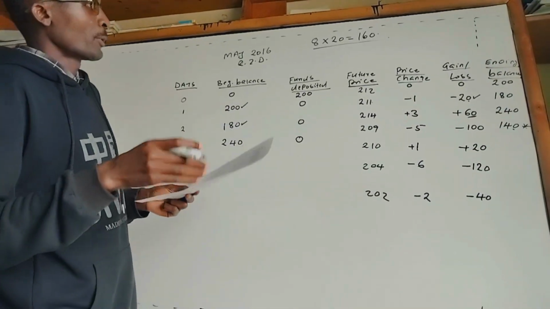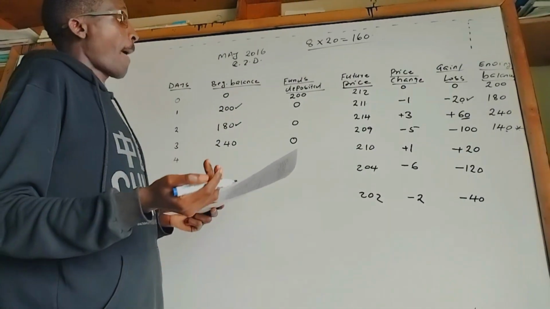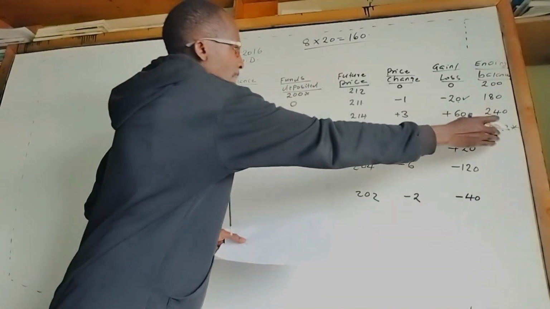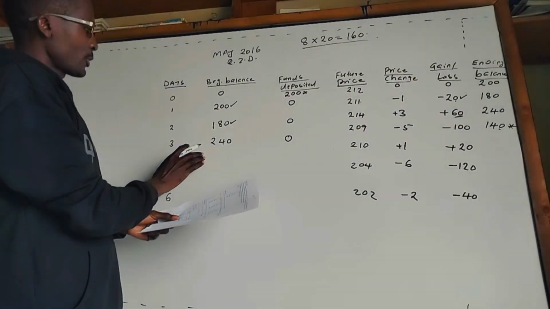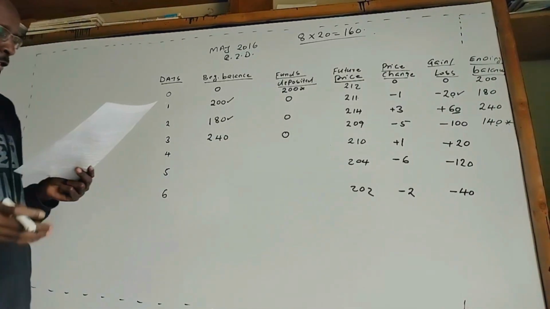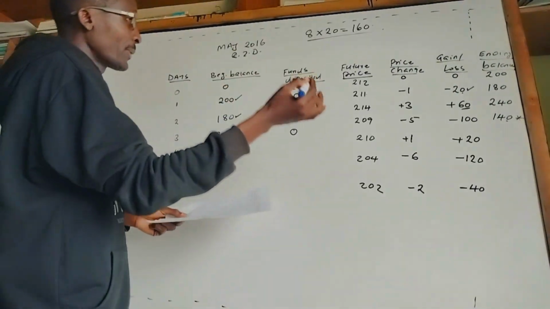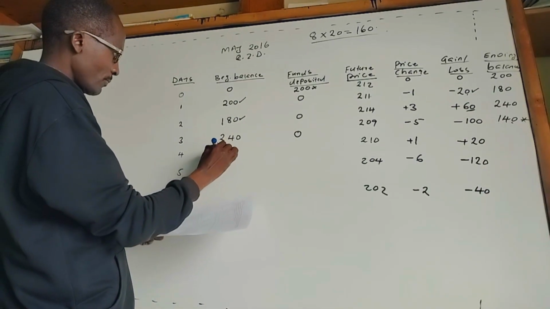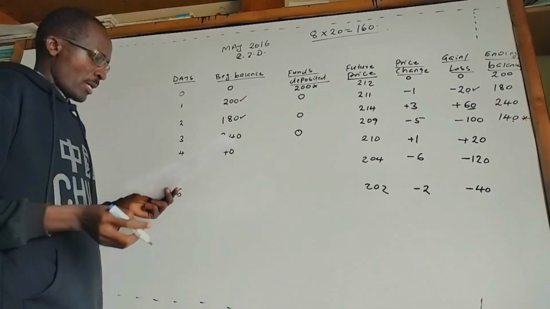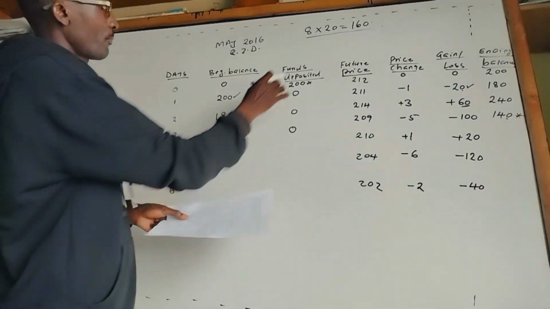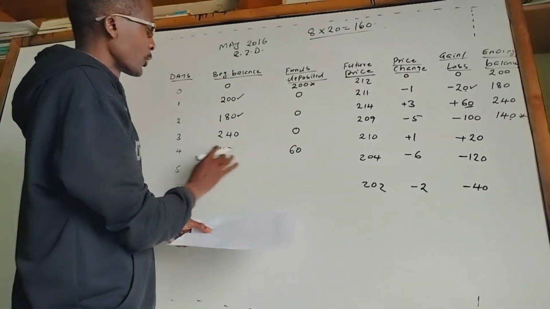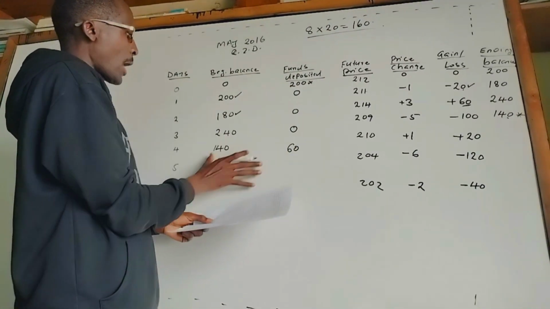Now what you do is that, because you have to restore the account back to 200 shillings by the start of this period, the opening balance is 140, but you must deposit 60 to restore the figure to 200.